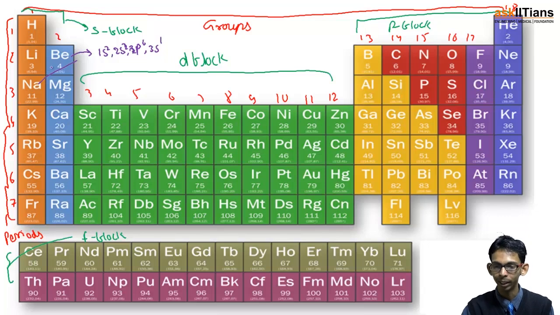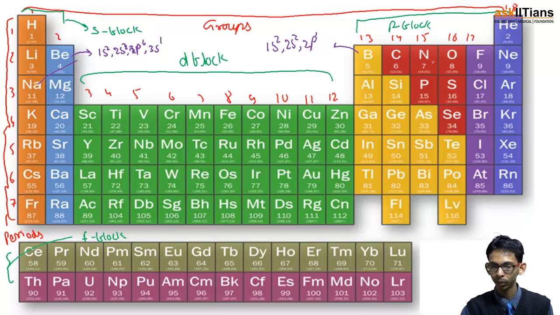Similarly, in P block elements, the last electron enters the P subshell, and that's why they are called P block elements. Let's write the electronic configuration of boron. It would be 1s2, 2s2, 2p1, last electron entering the P subshell.